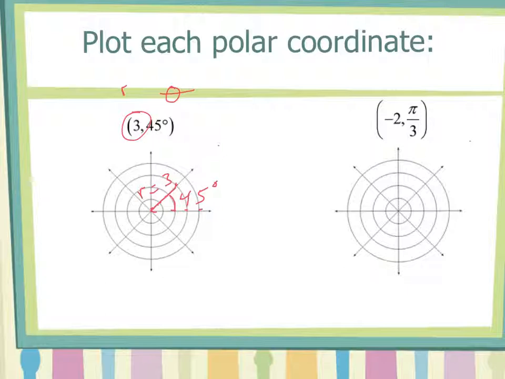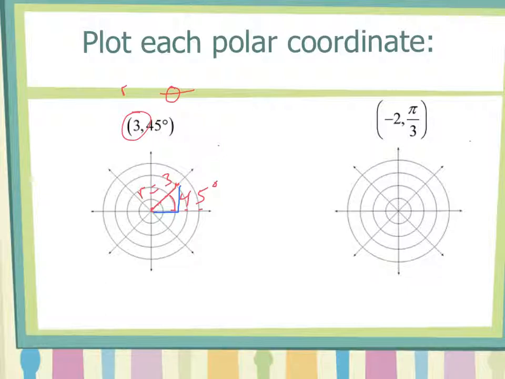Which again is enough information to give you a specific location. Turn 45 degrees to your left, or counterclockwise, and then walk 3 units. That would put you right there. Now, does this still have an x and a y component? Yeah, you could still describe that point with regular rectangular coordinates instead.